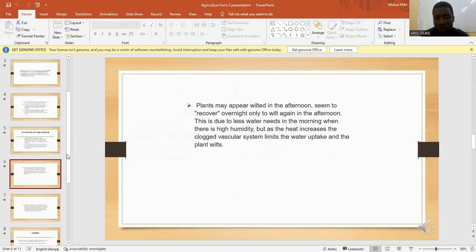The plant may appear wilted in the afternoon and seem to recover overnight, to regain moisture. Maybe this is due to less water needed in the morning when there's high humidity.